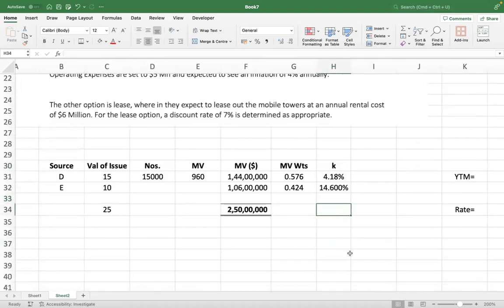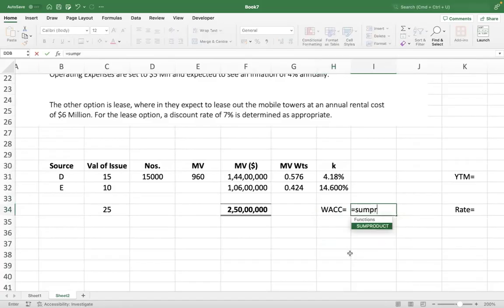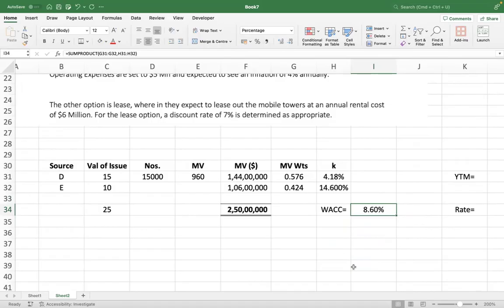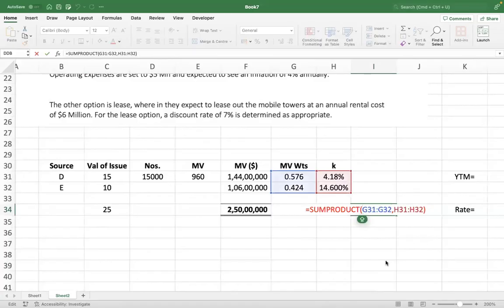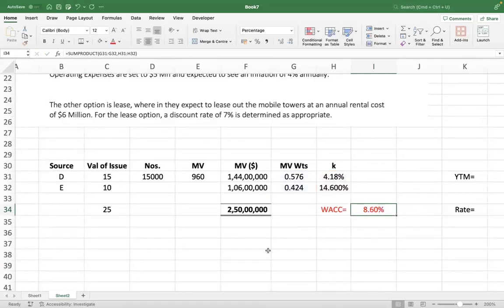So this can help you with the weighted average cost of capital, which is the sum product of the weights and the costs, which comes to 8.6%. Is that correct? Yes or no? Did you get it? Right or wrong? So this is weight into cost plus weight into cost.